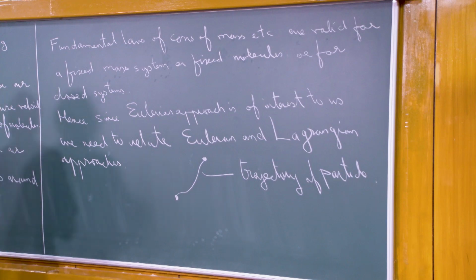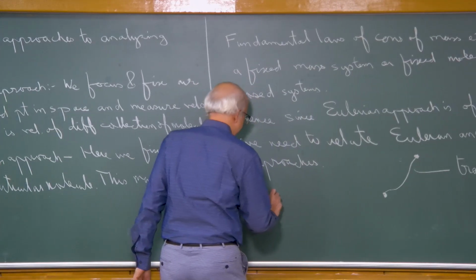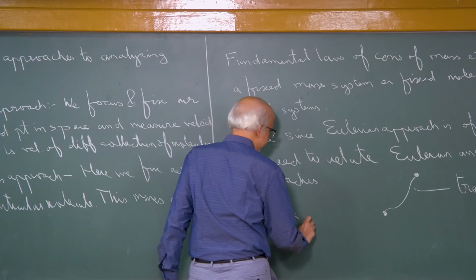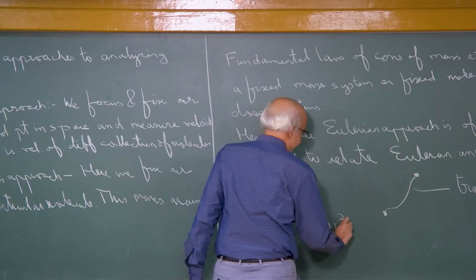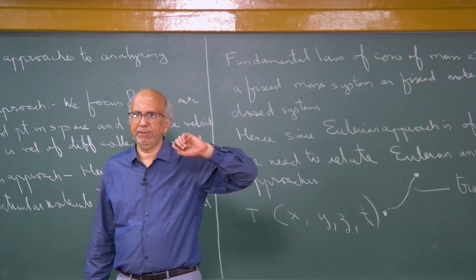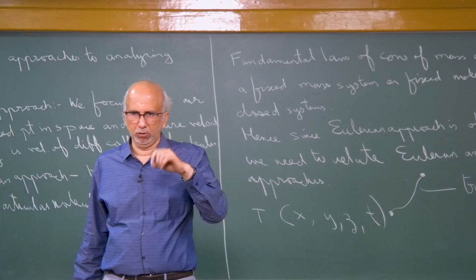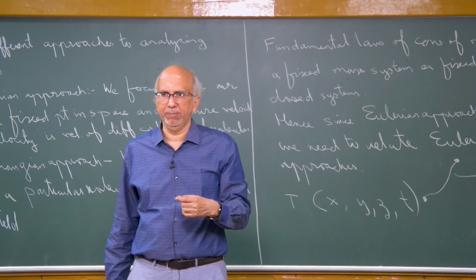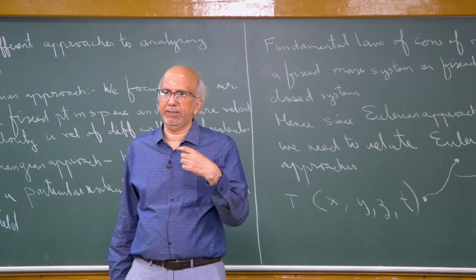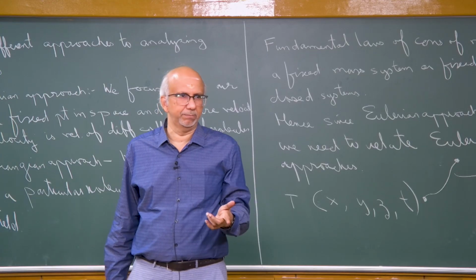So clearly, if I am focusing on the particle, the temperature of this particle is going to be a function of x, y, z and t. This particle is moving around, so temperature is going to be a function of spatial coordinates and time, and because I am following the particle, x, y and z are also going to be functions of time.